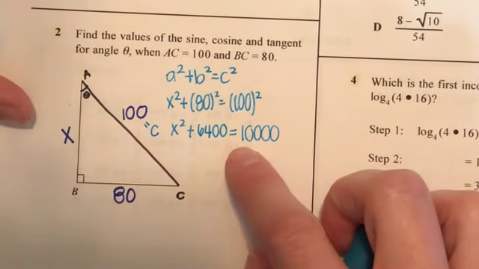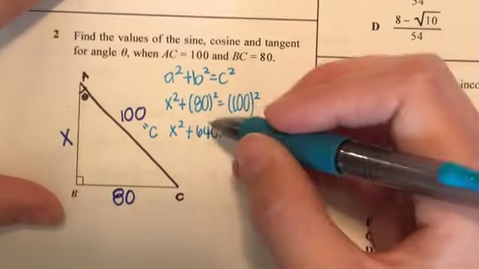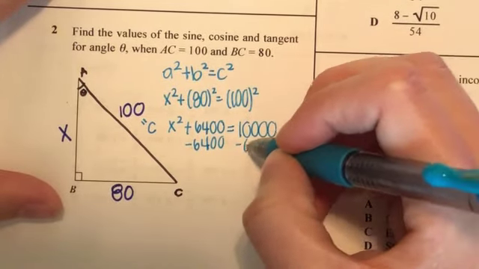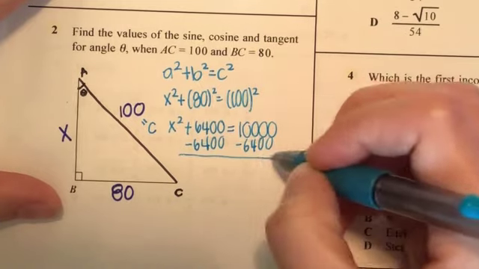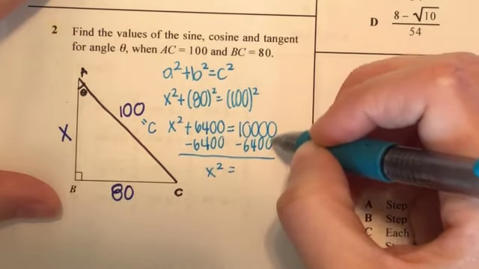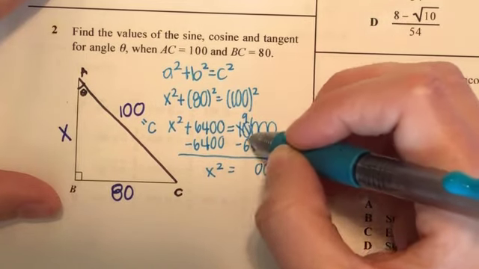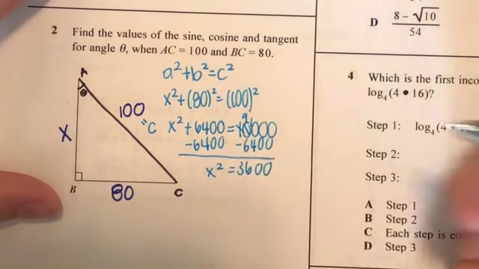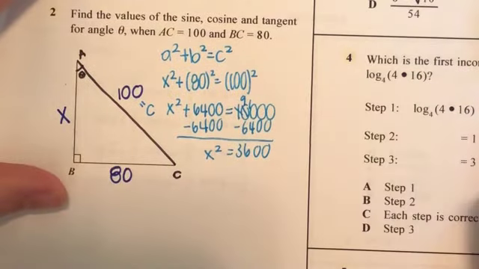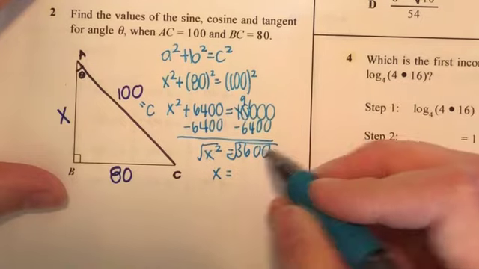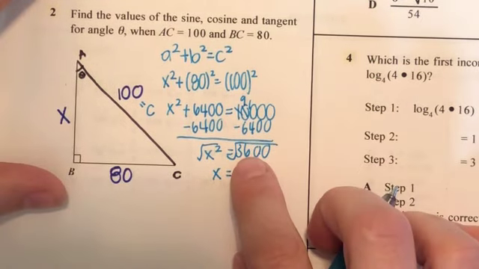So 100 squared gives us 10,000, and then we have to solve for x, so we're going to subtract 6,400, and then 0 minus 0 is 0, 0, this becomes a 10 and a 9, so we get 3,600, and to get x by itself, we're going to do the square root. So x is equal to the square root of 3,600.